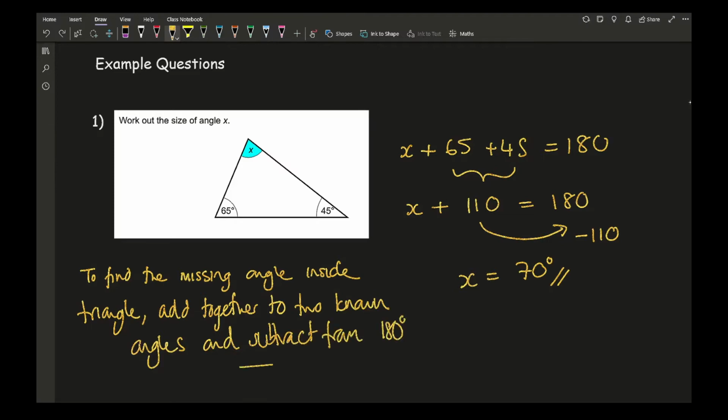Now, that's the general rule, but like I said, if you can try and make sense of this particular method, then that is probably a much better way of dealing with it.